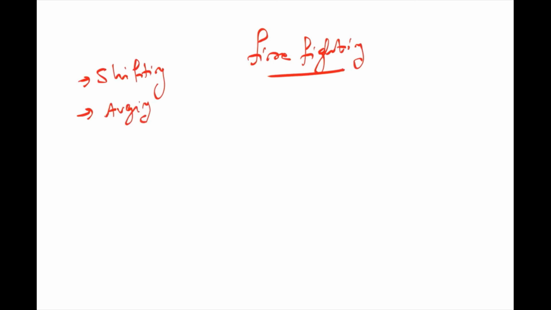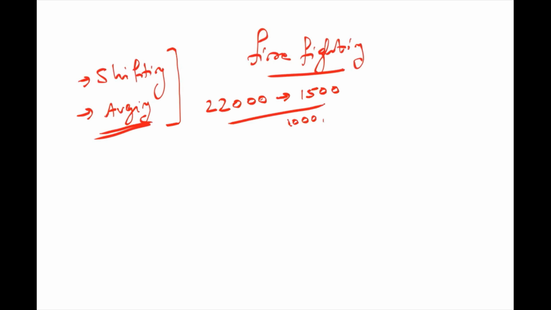After executing the straddle at 22,000, we got a premium of 1,500. We got 1,000 rupees on the call side and almost 500 rupees on the put side. So we got the 1,500 cushion, and then we got protection at 23,500 and also 20,500.